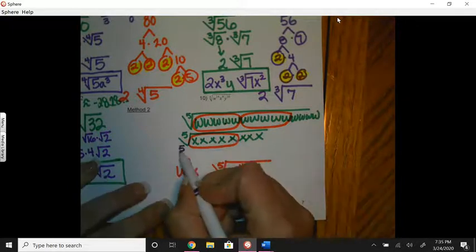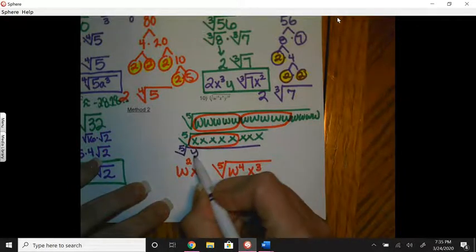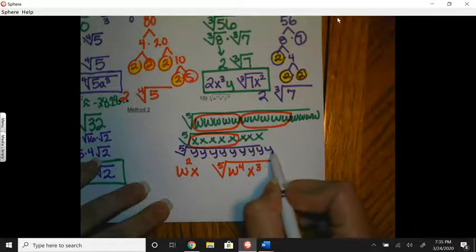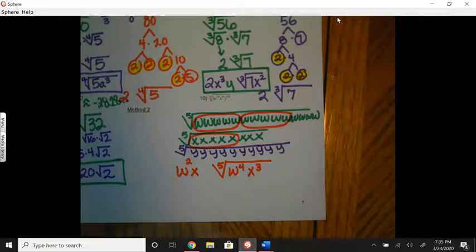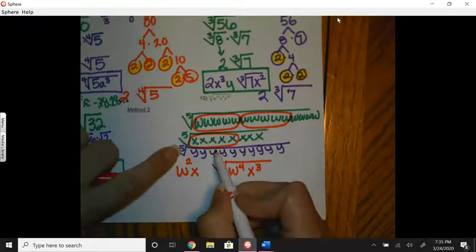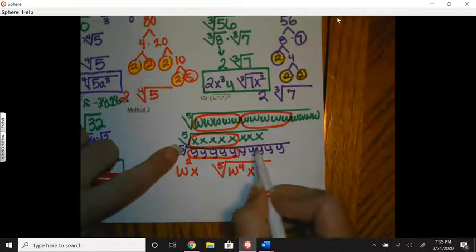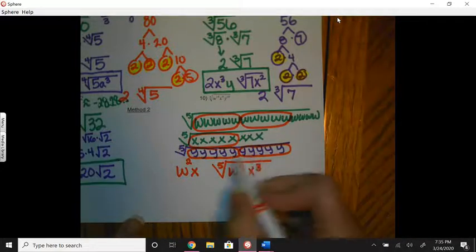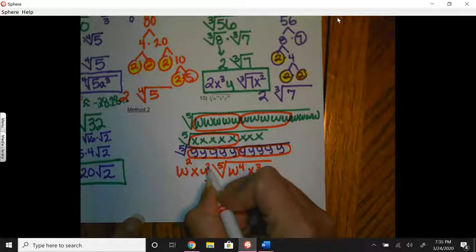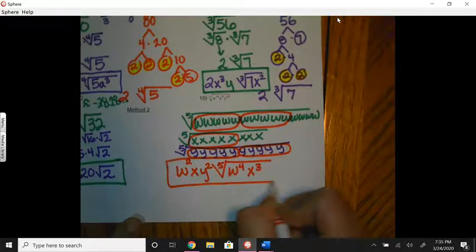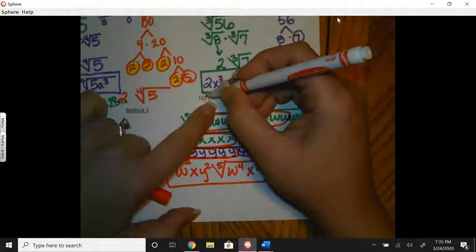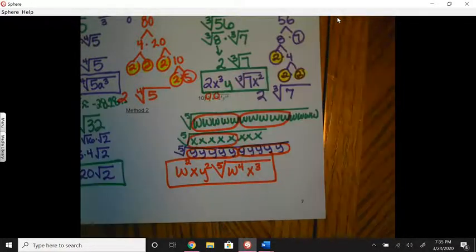And then for the Y's, we have 10, and we're looking for groups of 5, because that's what the index is. And we'd have none left. They made even groups of 5, and there's 2 groups. So again, this is the same thing you would get if you just divide the index into the exponent.